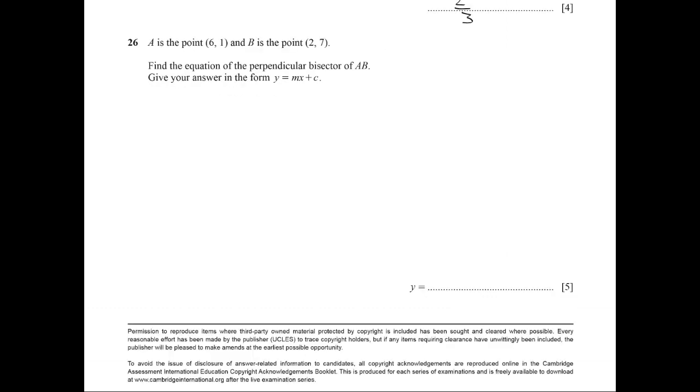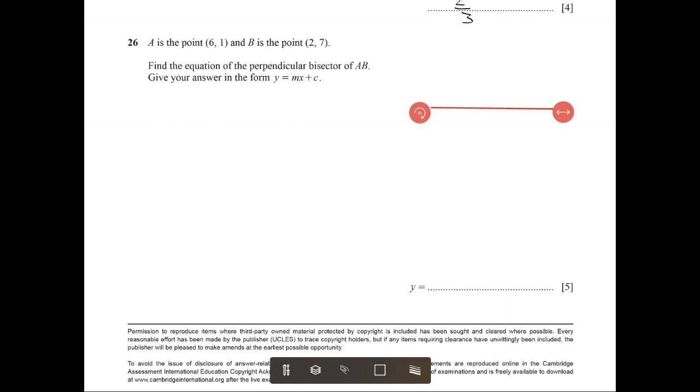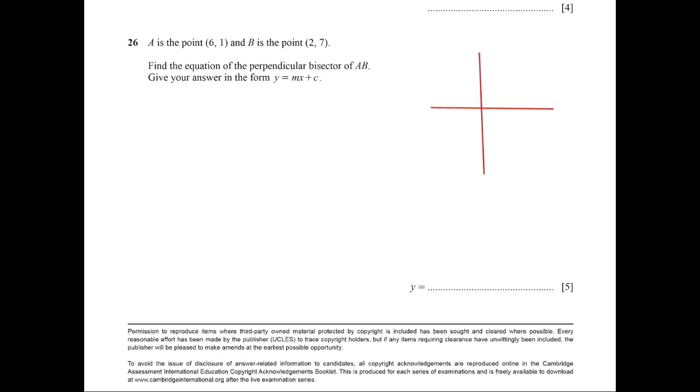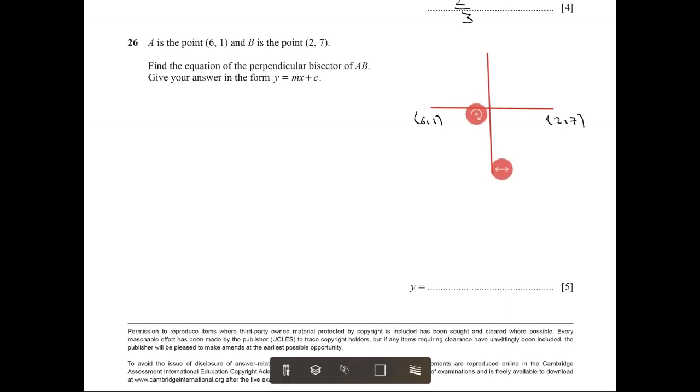And finally, with question 26, A is 0.61, B is 0.27. Find the equation of the perpendicular bisector. We have 2 points. The first point is 6 and 1. The second point is 2 and 7. Not only a perpendicular, but also a bisector.